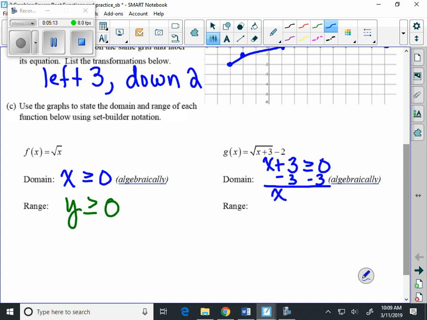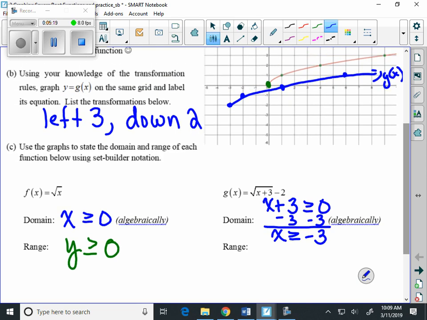We get x is greater than or equal to negative 3. We are looking at the black point in our blue graph here, and it makes sense because the x value of that black point is negative 3, and it's everything to the right. The domain goes left to right.